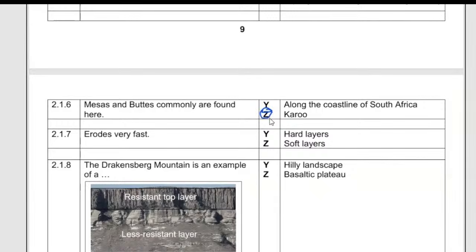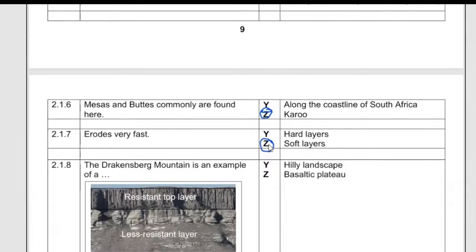In the Karoo, that is where we find those typical landforms, the mesas and the buttes. Erodes very fast: which one between the two erodes very fast, hard layers or soft layers? We understand that soft layers are the ones that erode very fast because they have weaker resistance to erosion. They tend to be affected easily by erosional processes.